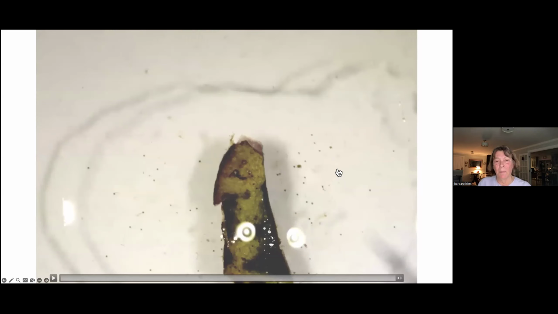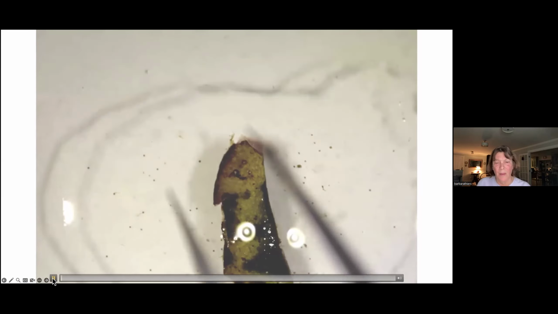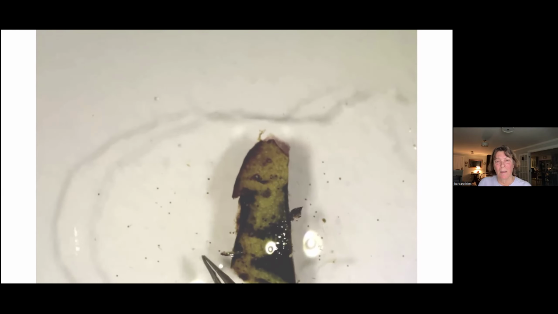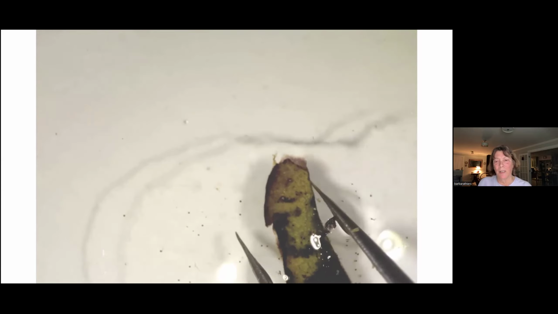Okay, and here's my piece that I'm going to section. I'm still learning how to dissect under this new toy that I have, and it's sort of excruciating to watch. The point being, if you're new to it, it can be so frustrating, but you just have to keep at it.